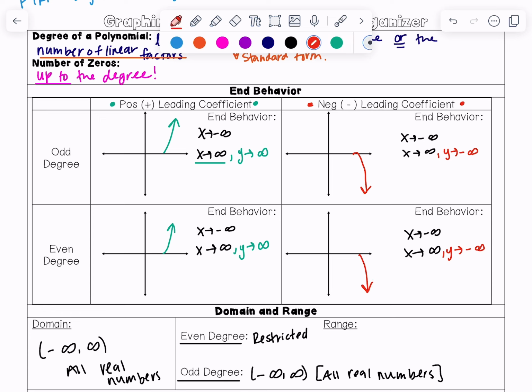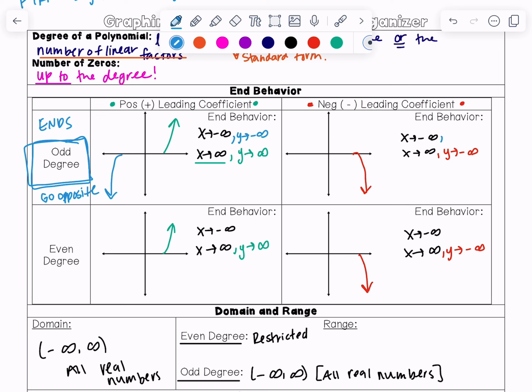The other side of this, though, is that idea of even and odd degrees. If you have an odd degree, that means that your ends go opposite. So in this case, if it's going up on the right, then an odd degree means that the left-hand side is going down. So they're going to go in that opposite direction.